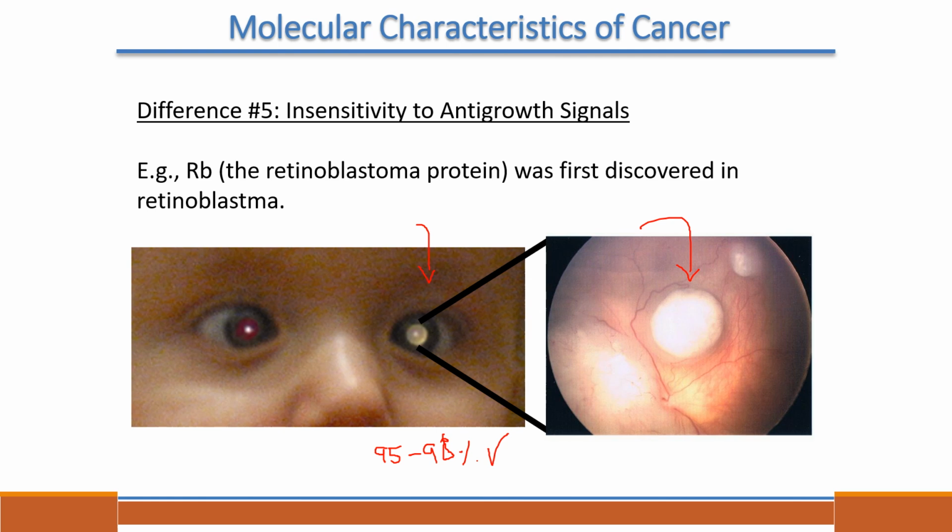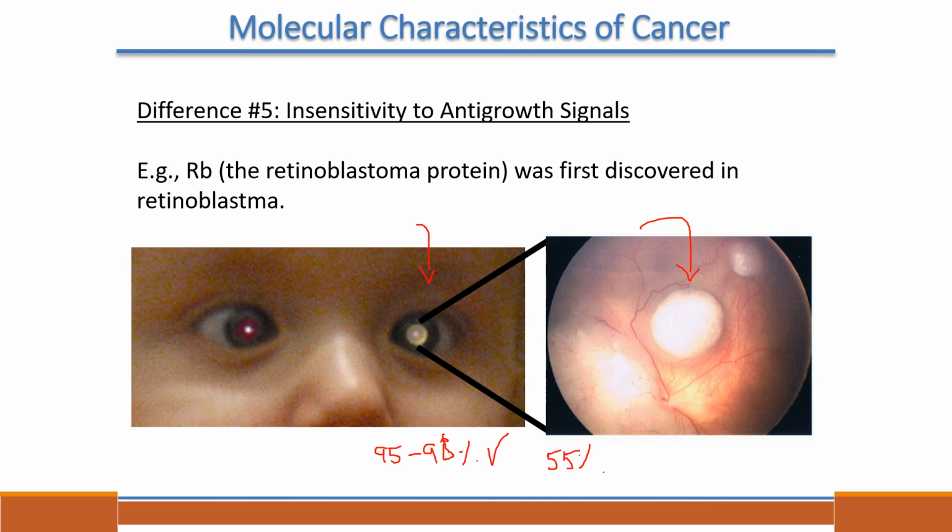Around 55% of these cases are due to a non-genetic form. The other ones are due to an inherited form. So again, this was the origin, and then they found that it was due to a mutation in this protein called retinoblastoma that controls cell regulation.